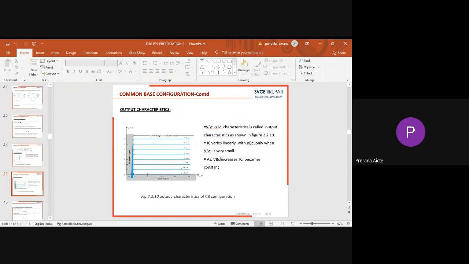Because the input characteristics are just like a normal diode, we discuss only the output characteristics. In the x-axis is the output voltage. In CB configuration, the output voltage is VCB, and the output current is IC.